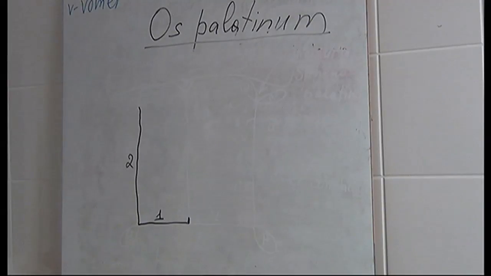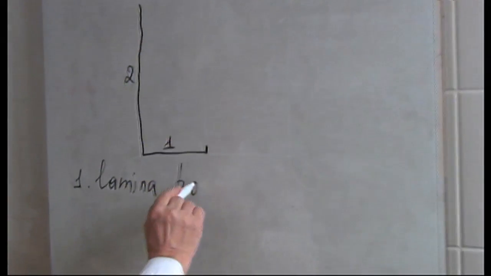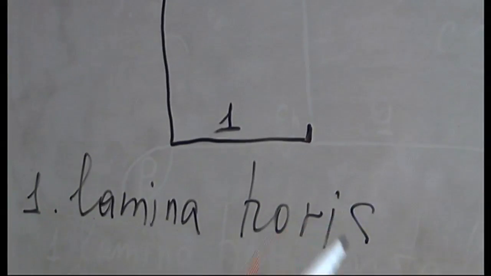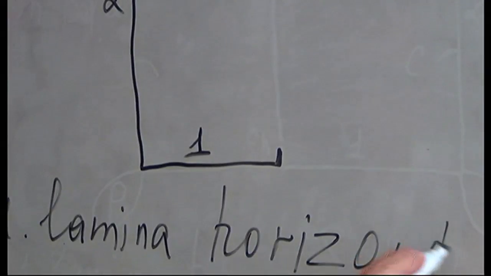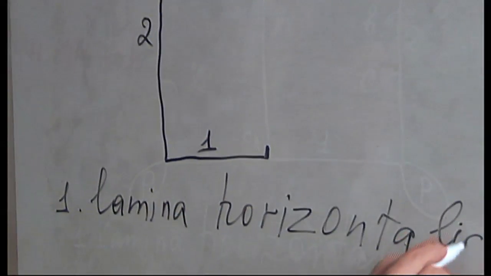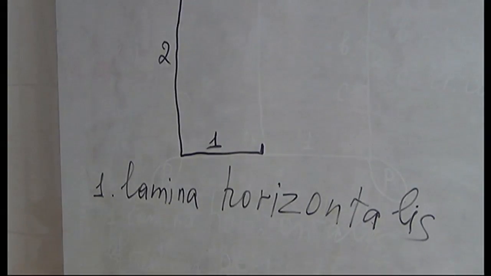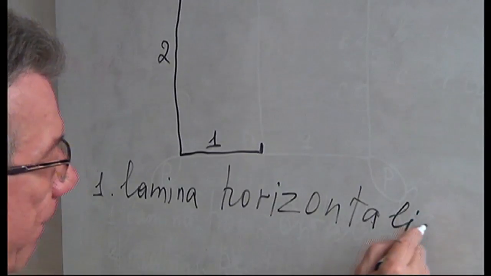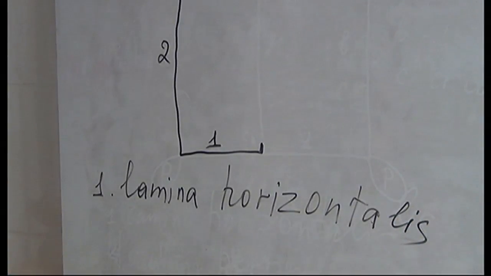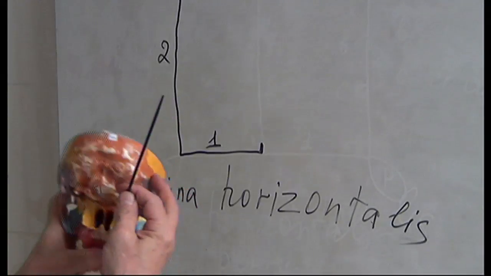Lamina number 1 is named lamina horizontalis. Why this name?